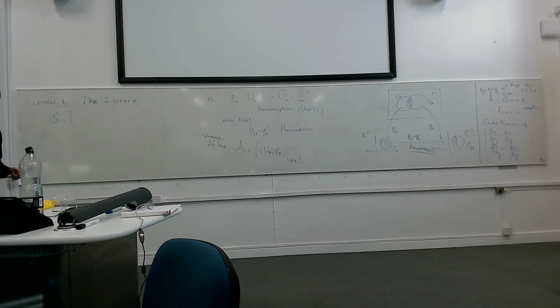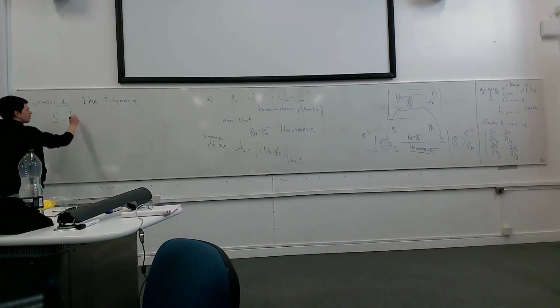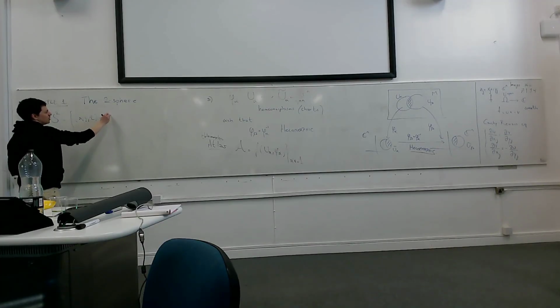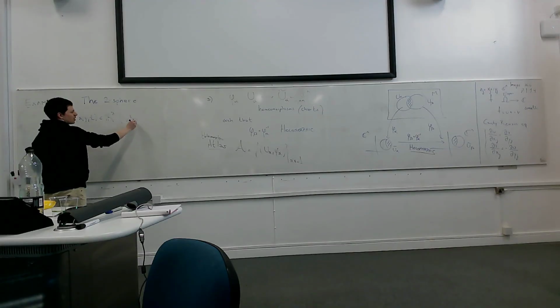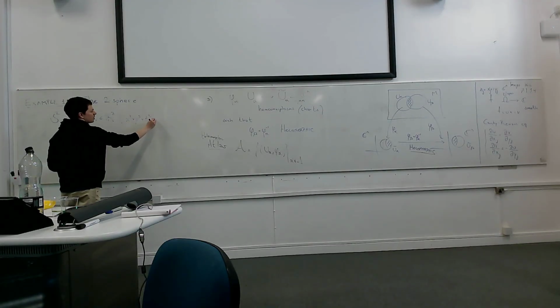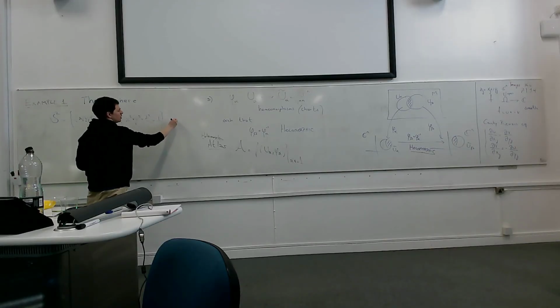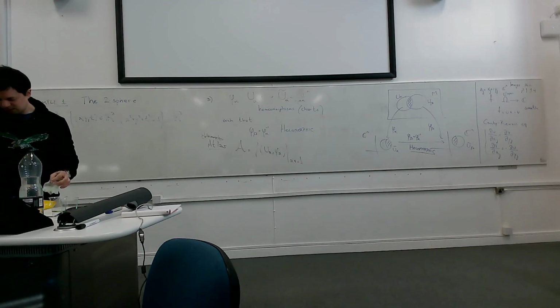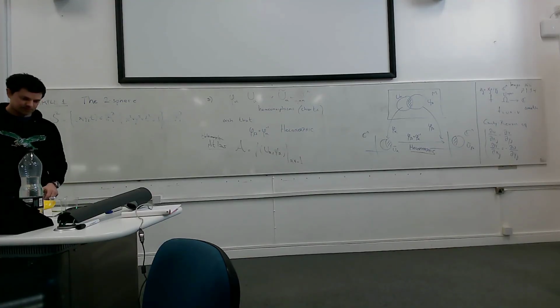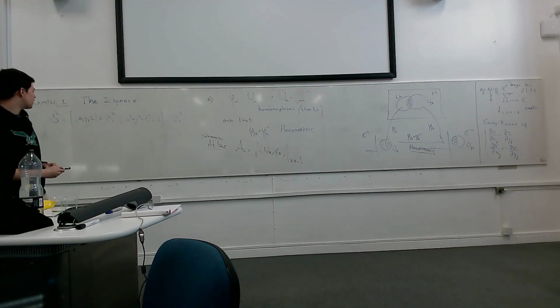So the two-sphere is the set of points, let's say (x, y, t) in R^3, such that x squared plus y squared plus t squared is equal to 1. So this is a subset of R^3, and this is a topological space.